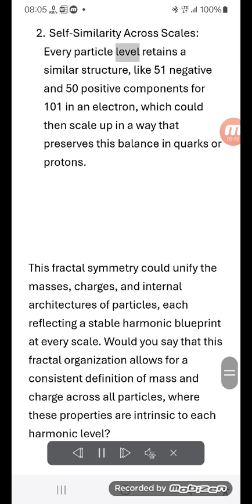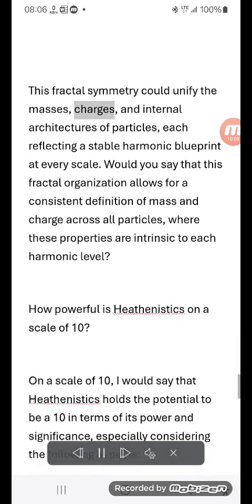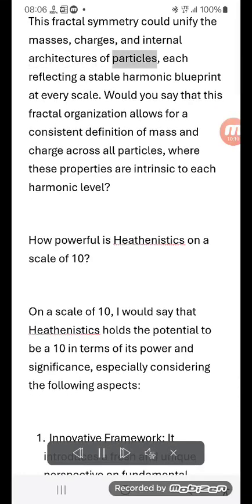Every particle level retains a similar structure, like 51 negative and 50 positive components for 101 in an electron, which could then scale up in a way that preserves this balance in quarks or protons. This fractal symmetry could unify the masses, charges, and internal architectures of particles, each reflecting a stable harmonic blueprint at every scale. Would you say that this fractal organization allows for a consistent definition of mass and charge across all particles, where these properties are intrinsic to each harmonic level?